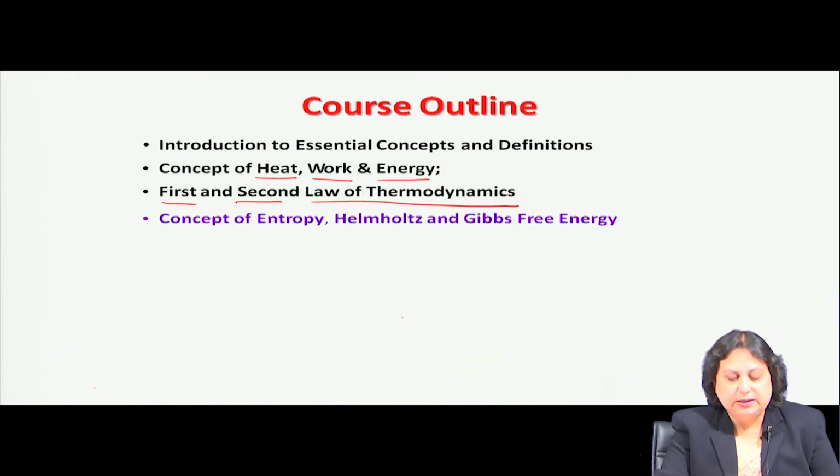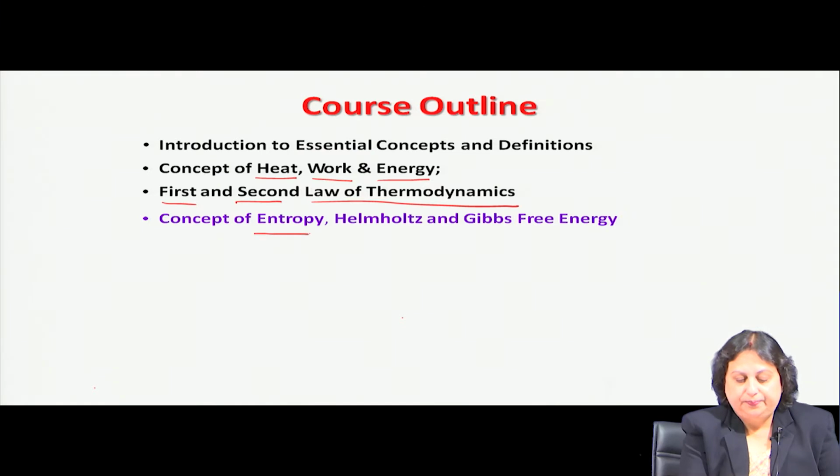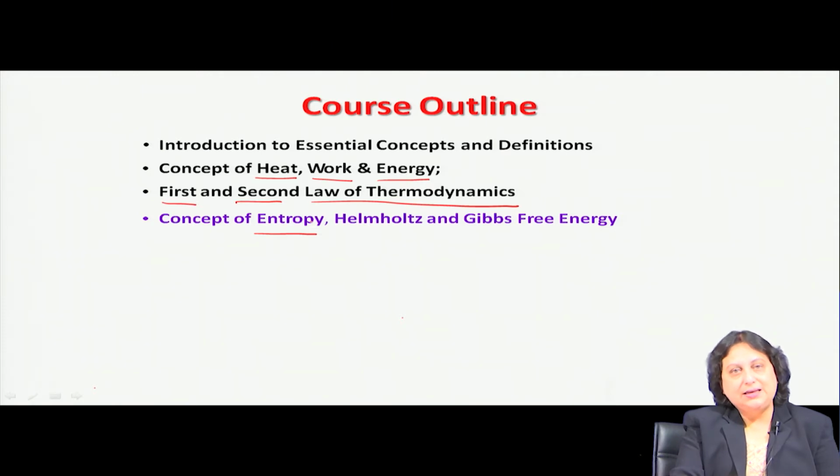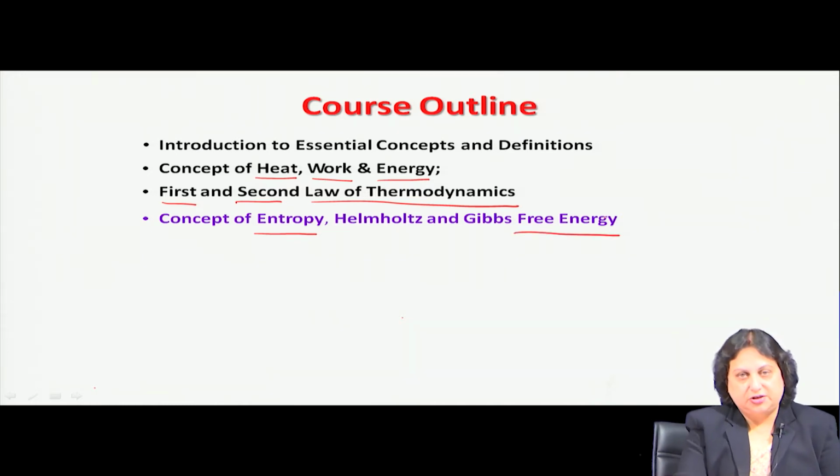Once we know these laws of thermodynamics, we are going to move over and learn the concept of entropy. And once we know the concept of entropy, we are going to combine the ideas of energy and entropy and learn about what are known as free energies.